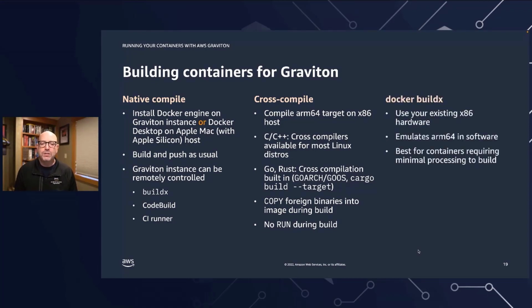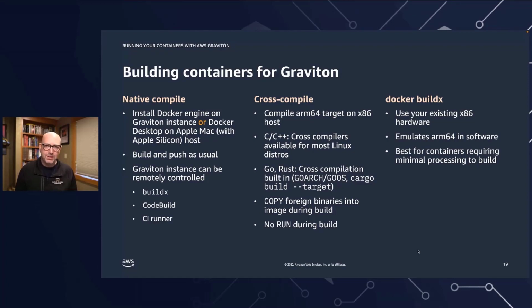Finally, you can use Docker BuildX. Docker BuildX allows you to use your x86 hardware to perform all Docker build stages, even though the target is ARM64. And it does so by using the QEMU project to enable ARM64 in software. With Docker BuildX, you can actually compile your software inside the container image building process.